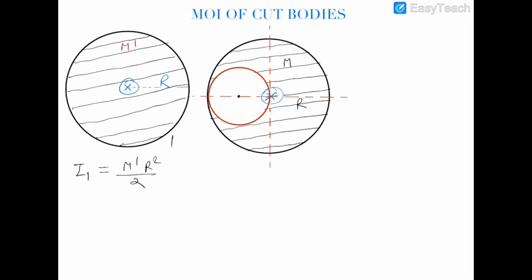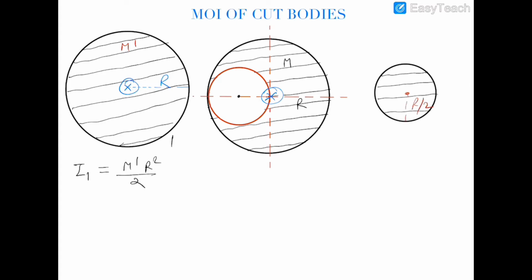Now we have to find out the relation between m dash and m, and for that let us first draw the smaller disk which we have removed. So this is the smaller disk which we have removed from the bigger disk, and this disk has a radius of r by 2.